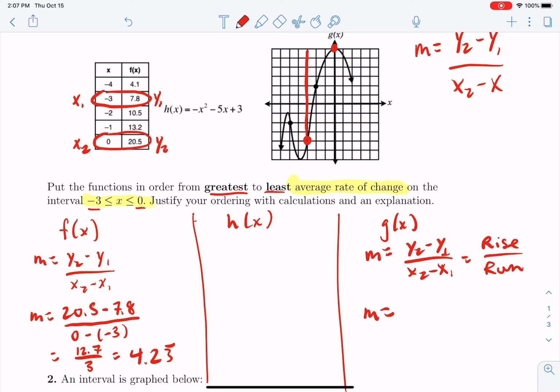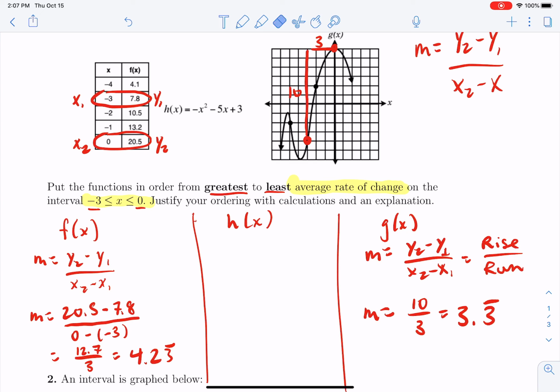All right, so my change in y values, 1, 2, 3, 4, 5, 6, 7, 8, 9, 10 is 10. My change in x values, or my run, is 3. Okay, so 10 divided by 3 then is going to be 3.3 repeating.